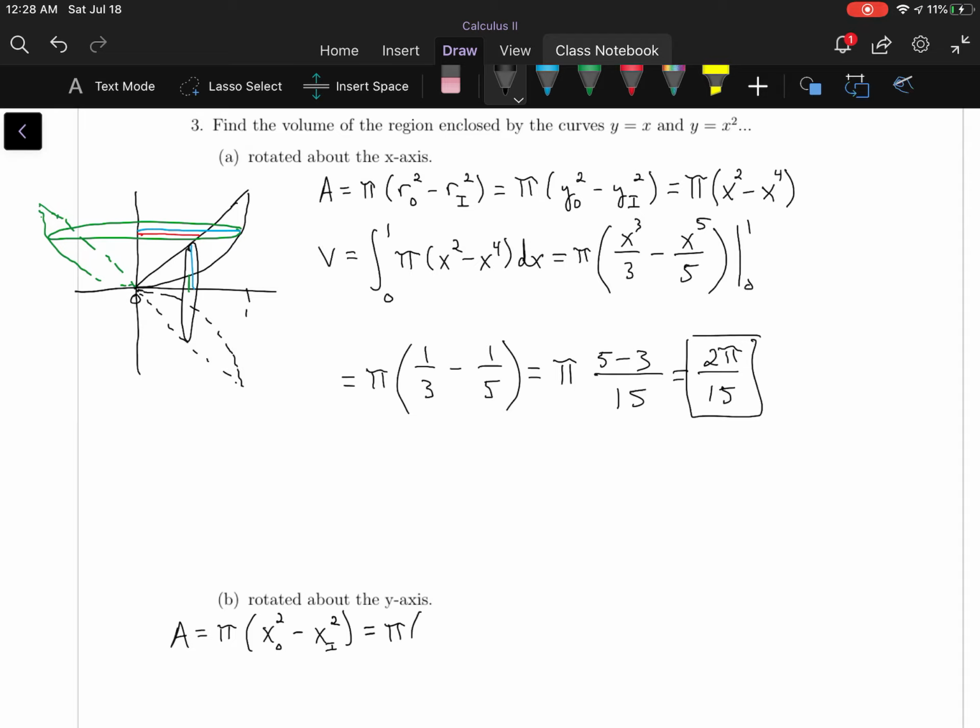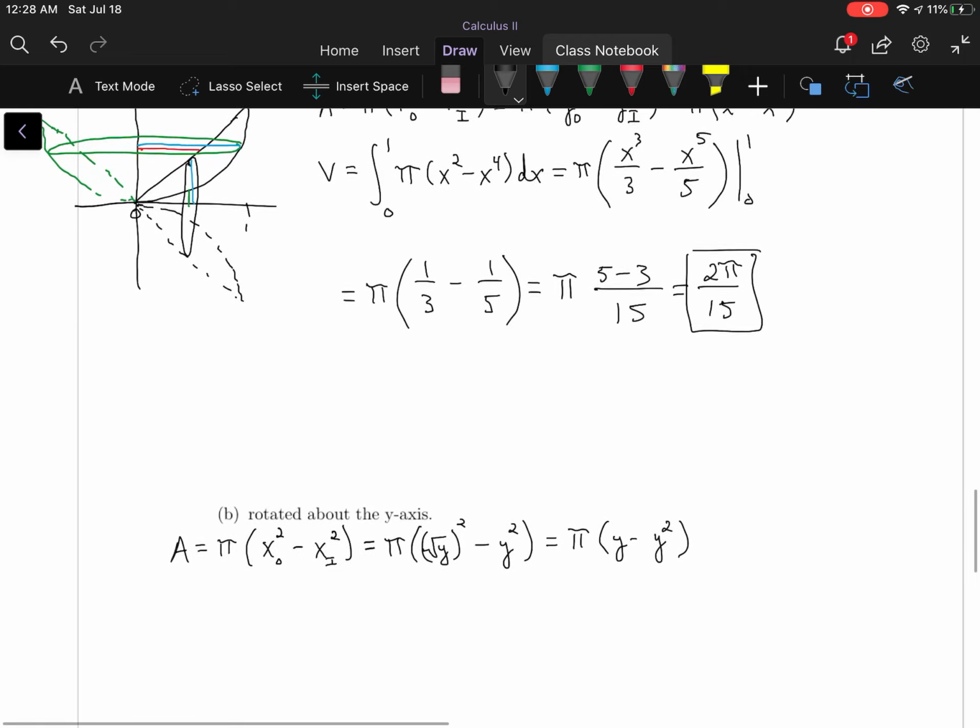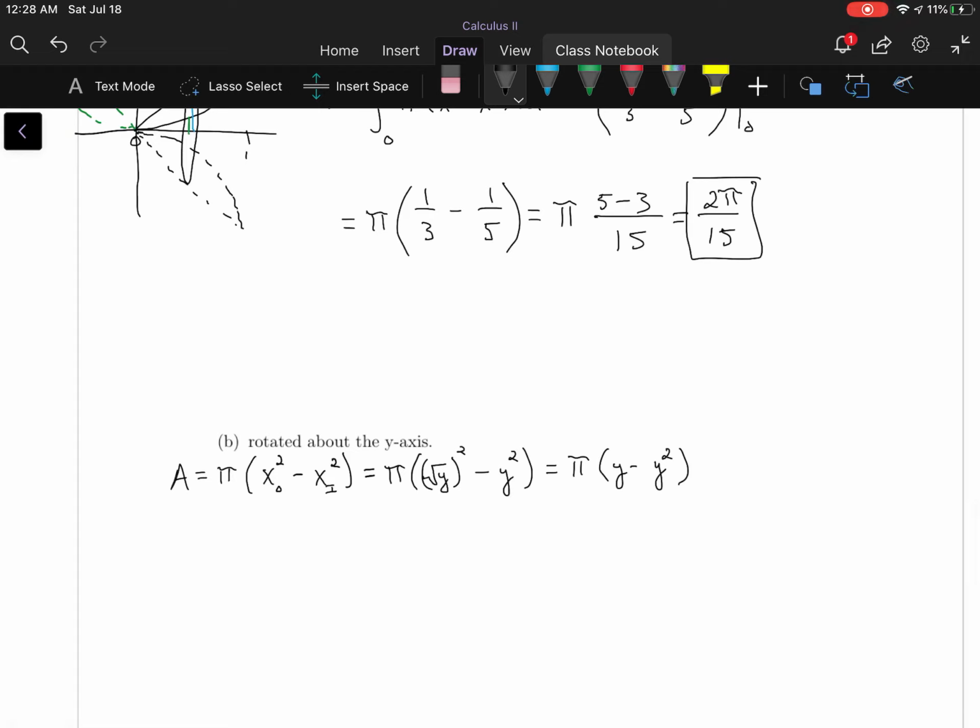The outer function, solving for x, so the outer function is y equals x squared, which means x equals root y, squared, minus the inner function, which is y equals x, so x equals y, squared. And just to simplify a little bit, we've got pi times y minus y squared.